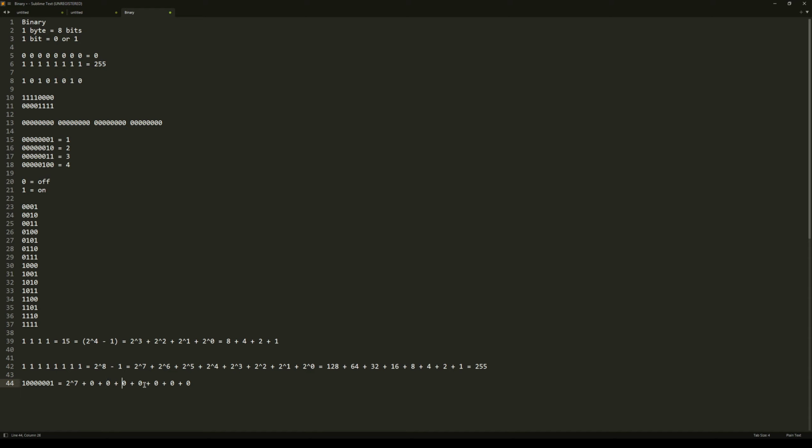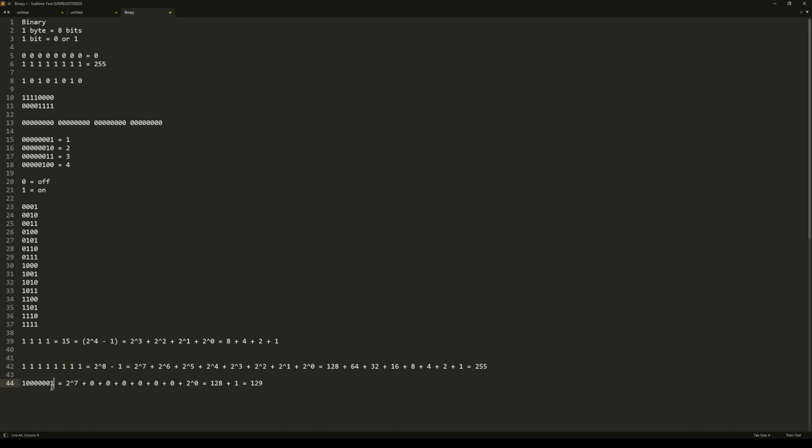So 1, 2, 3, 4, 5, 6, 7. This last one will be 2 to the power of 0, which will then equal 128 plus 1, which is equal to 129 total.